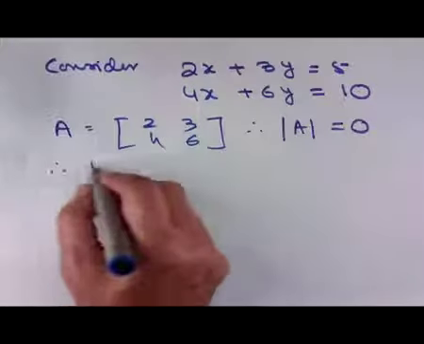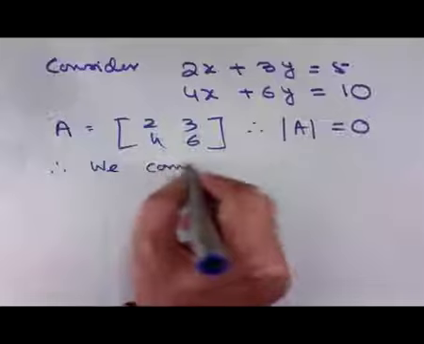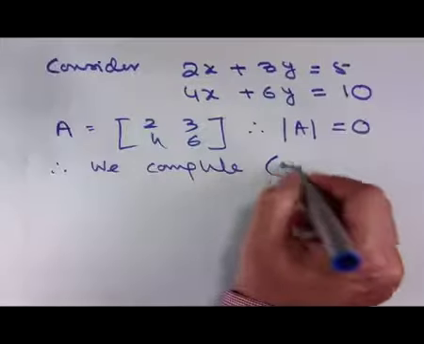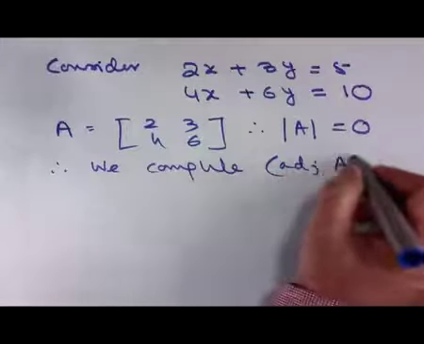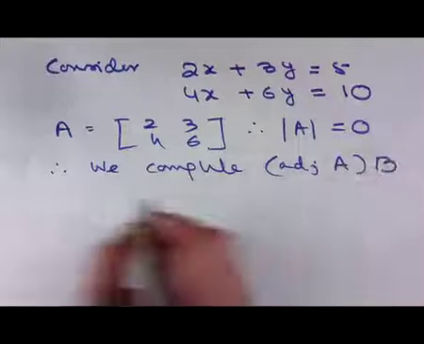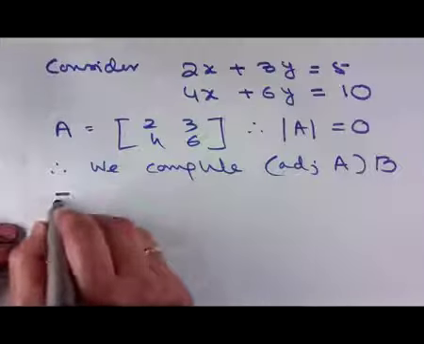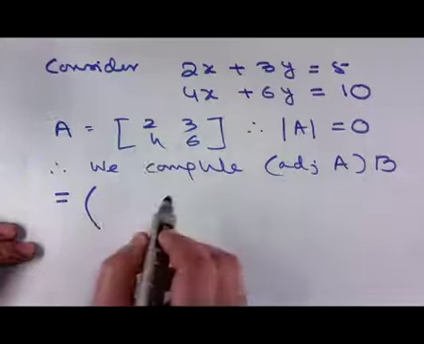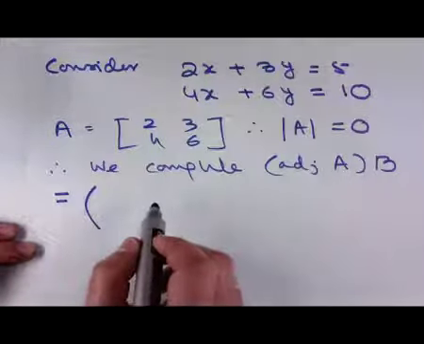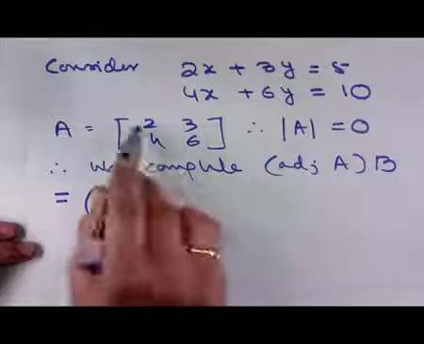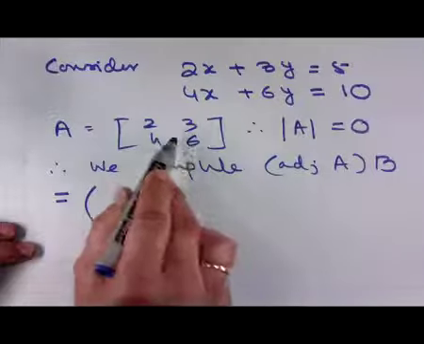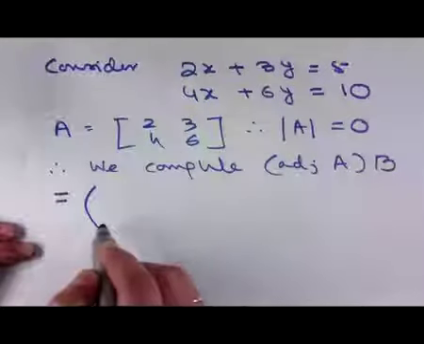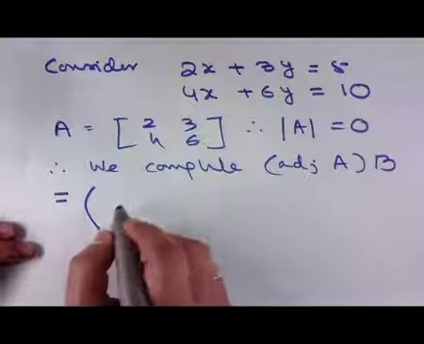Therefore, we compute adjoint of A into B. We know that for 2 cross 2 matrices, to compute the adjoint, we interchange the diagonal elements and we change the sign of the off diagonal elements.